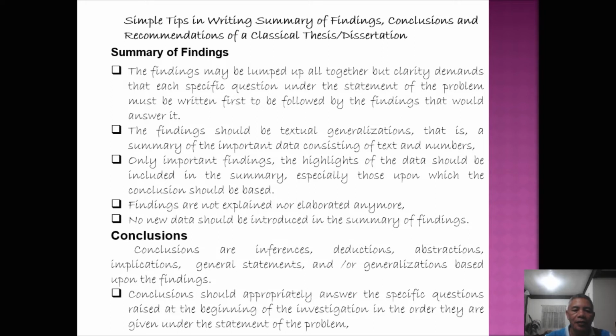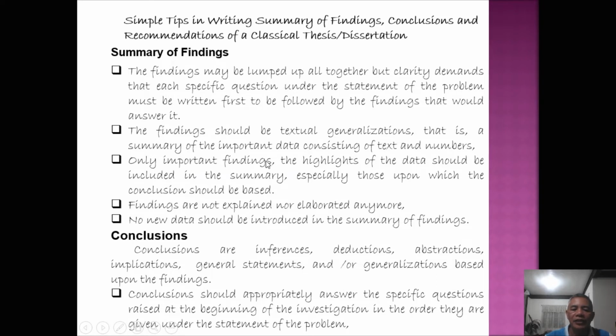The findings should be textual generalizations, that is, a summary of important data consisting of text and numbers.